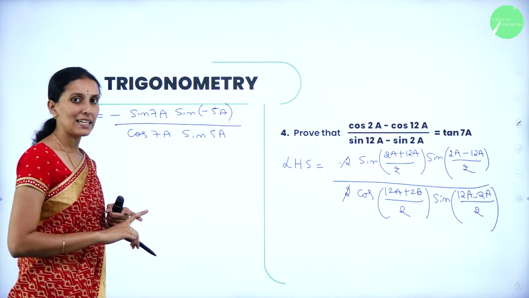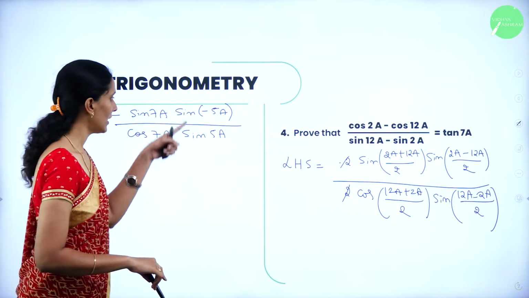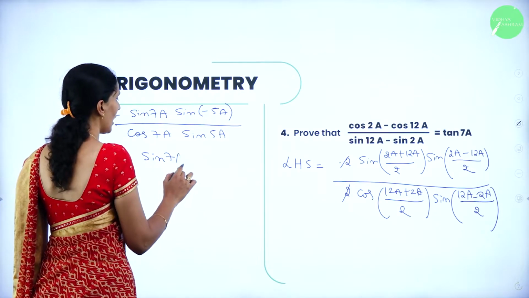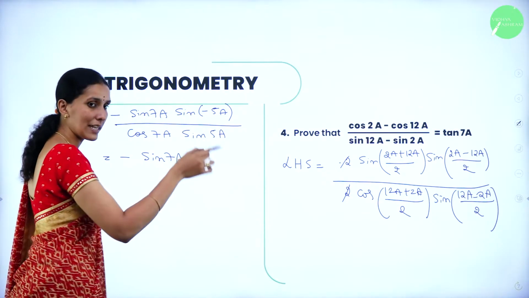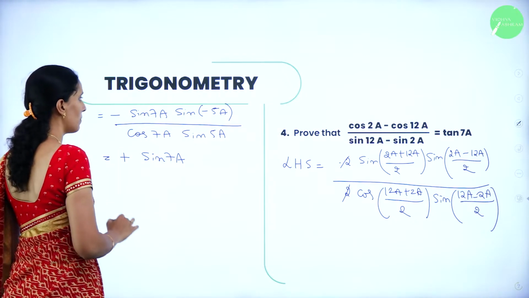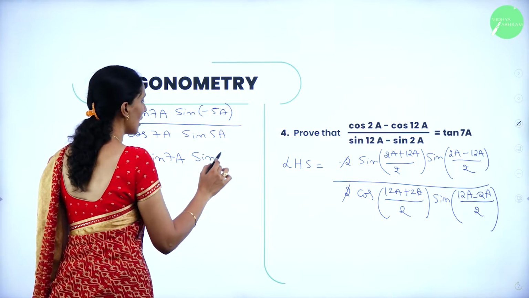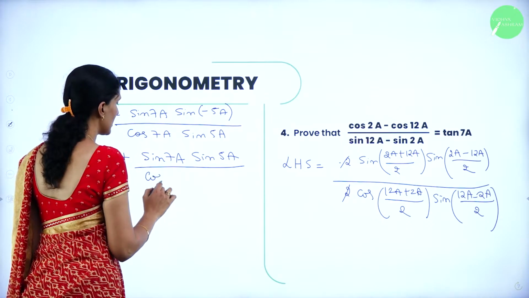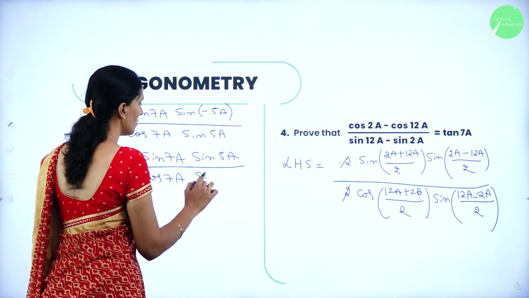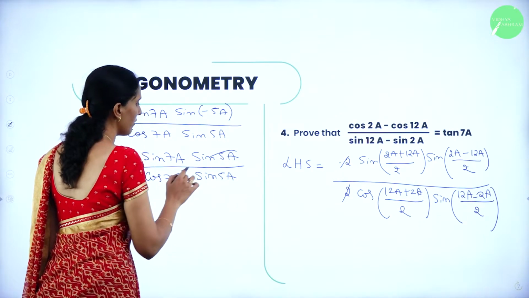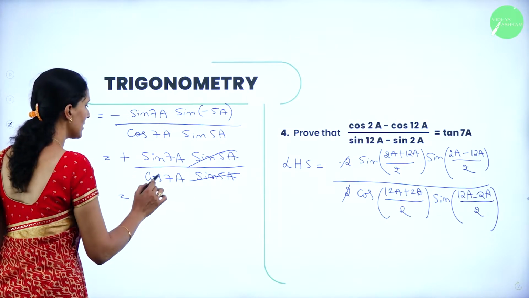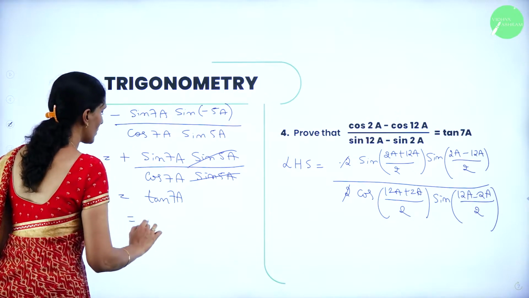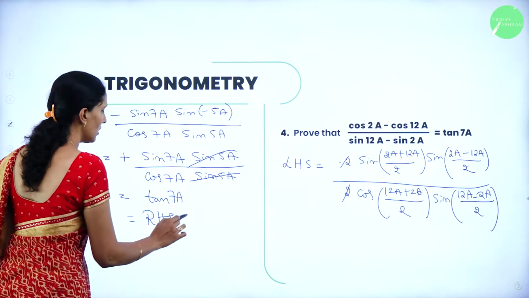Sine of minus theta is minus sine theta. So this becomes minus sine 5a. Minus into minus, plus you will get. Here it is sine 7a whole divided by cos 7a into sine 5a. Sine 5a gets cancelled. Sine 7a by cos 7a is tan 7a. So using transformation formula, we can derive the result.